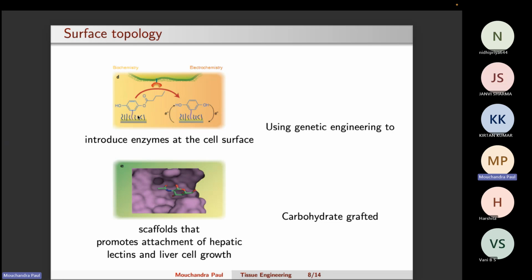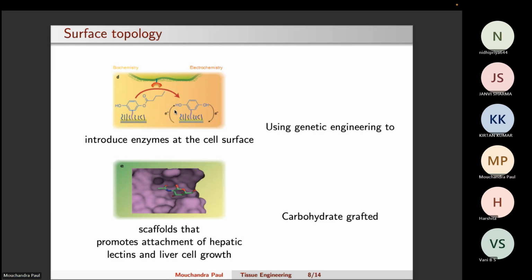So you're doing genetic engineering onto your cell. Once this enzyme gets expressed and is present on the cell membrane, then when the cells come in contact with the surface, this enzyme will act on the inactive chemical compound that you initially grafted onto your biomaterial surface. Then it will create a product, and this product will change the characteristic of your particular biomaterial. Okay? So this is another way.